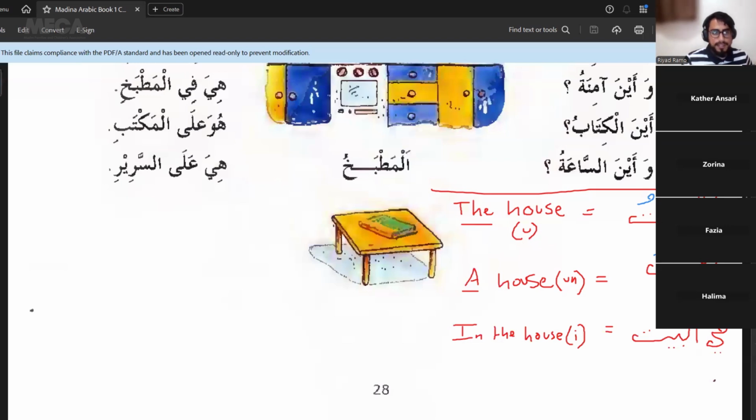Fil, there is no al, right? So fil bayti. Fil bayti with the one kasra. Why is it one kasra? Because the alif lam makes it into one kasra and the preposition in front.